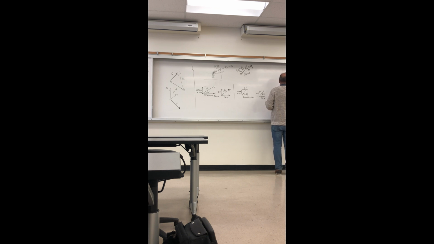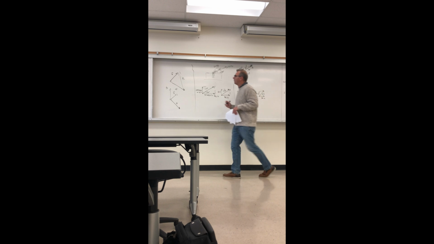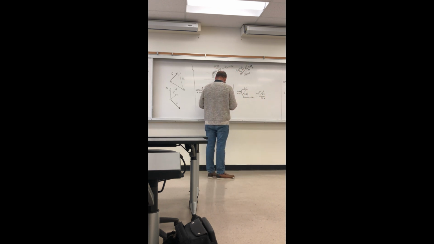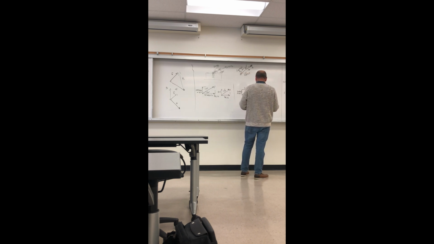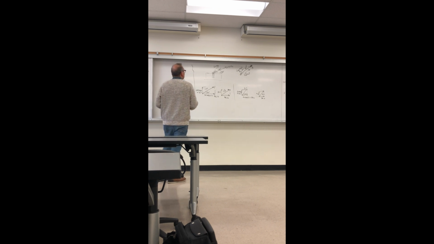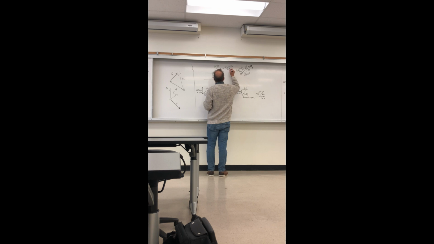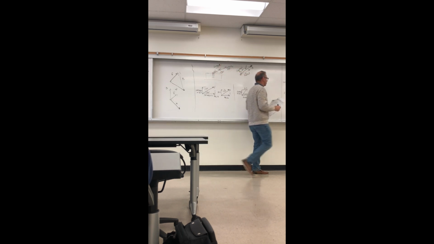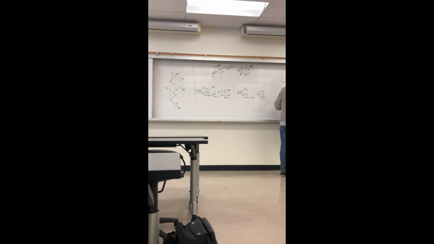So the resultant equals A plus B. This is A, and this one's B. So I have 86.6 plus 38.6 equals, and then vertically I have 50.0 plus 46.0.